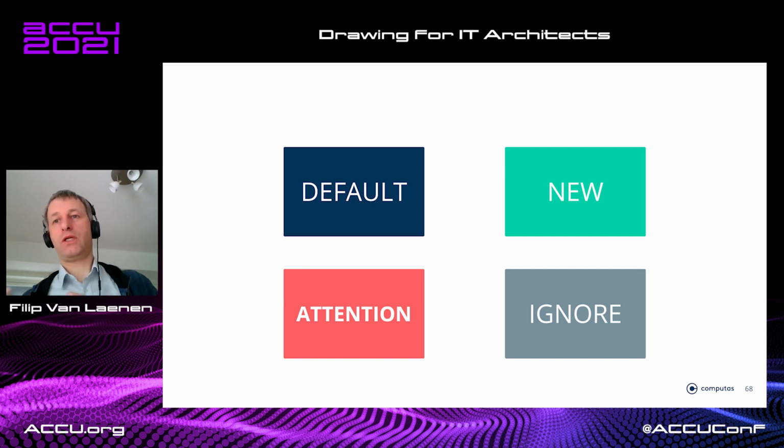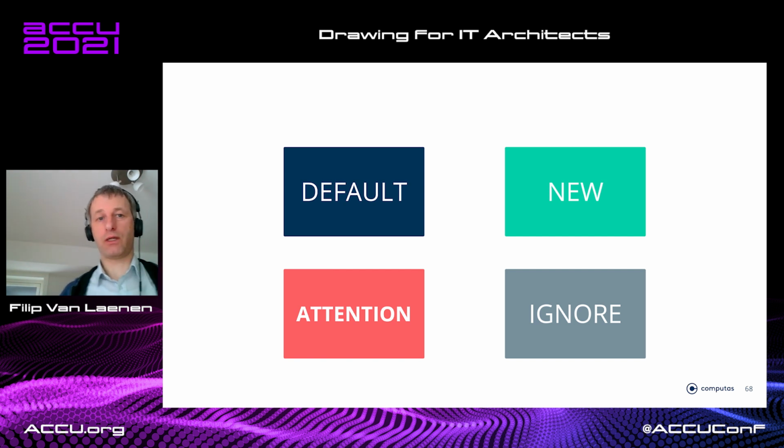Whereas green, that's often something new, something fresh, like in greenfield, something new we're going to build. Red is something that draws attention, maybe danger or something that is an error. Whereas gray, that's something that can be ignored or is not so important. Maybe something that there's a future extension or something like that.